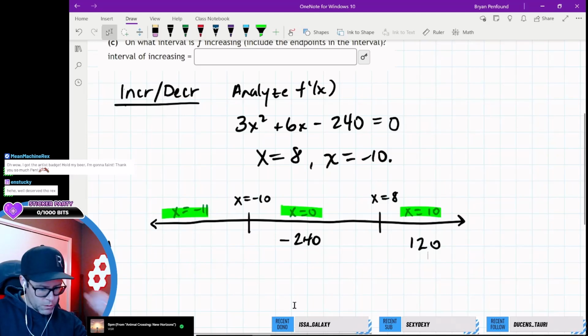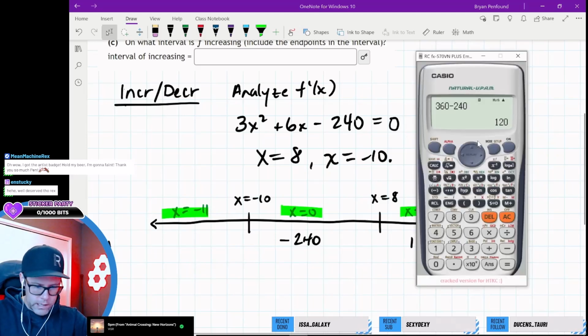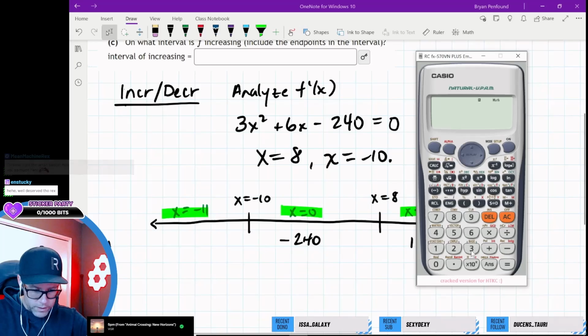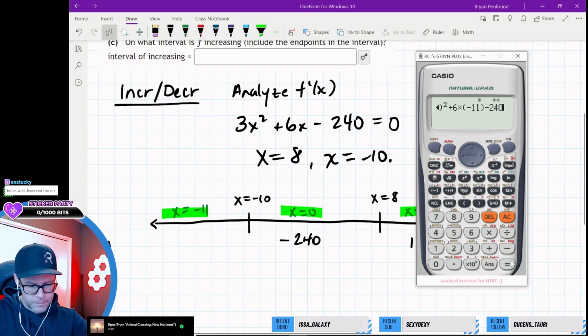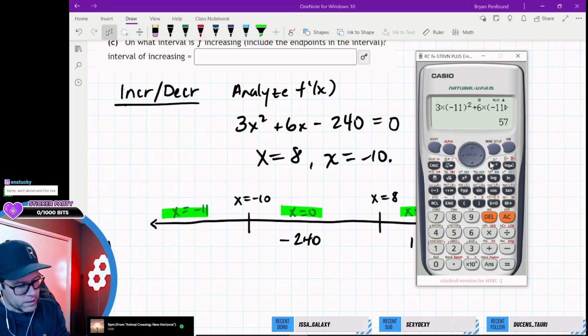And then the last thing we'll need to do is plug negative 11 into that first derivative as well. So we'll do 3 times negative 11 squared plus 6 times negative 11 minus 240. And we get 57.